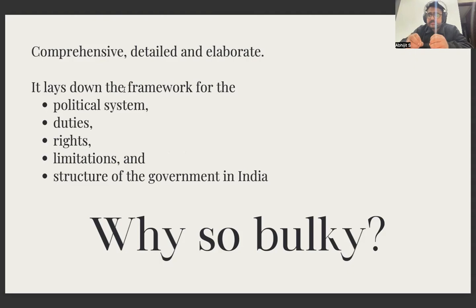So, it touches upon everything and it encompasses everything associated with the Indian state. It lays down the framework for the political system of India, the duties of Indian citizens, the rights that are available to the Indian citizens, the limitations on those rights, and the structure of the government of India.